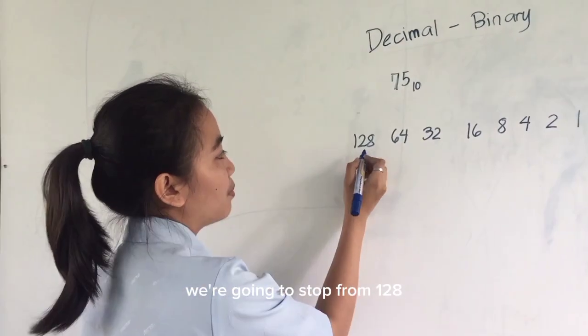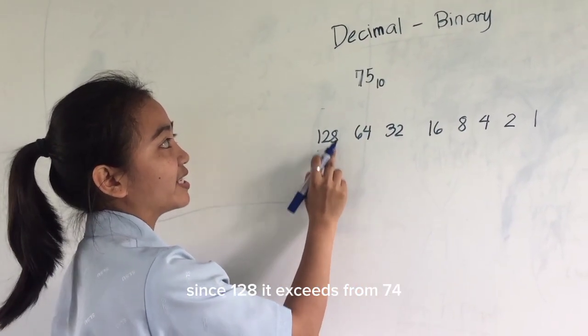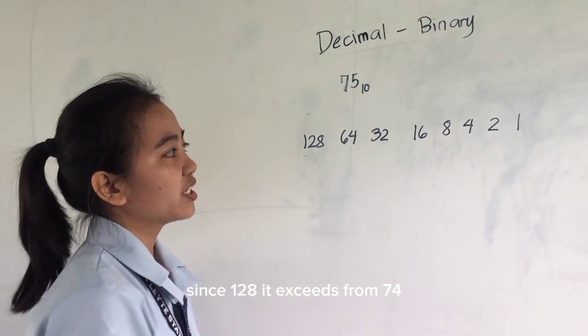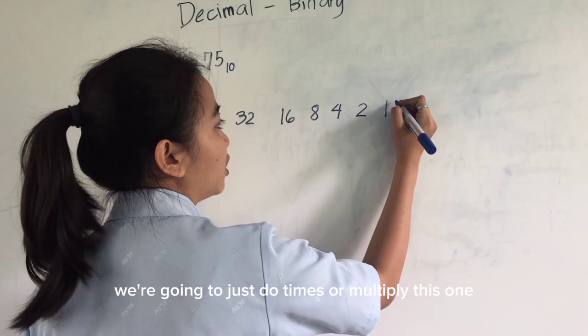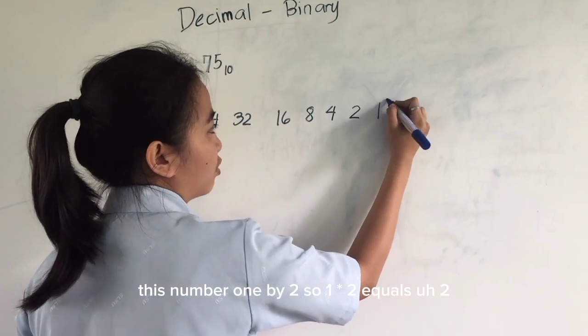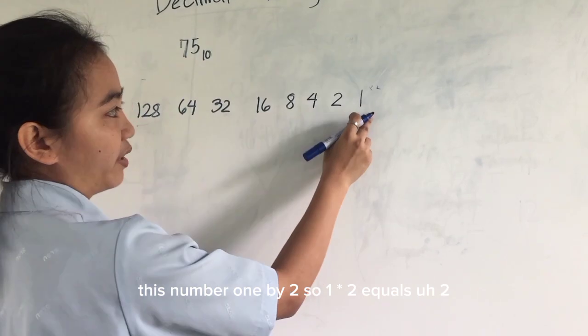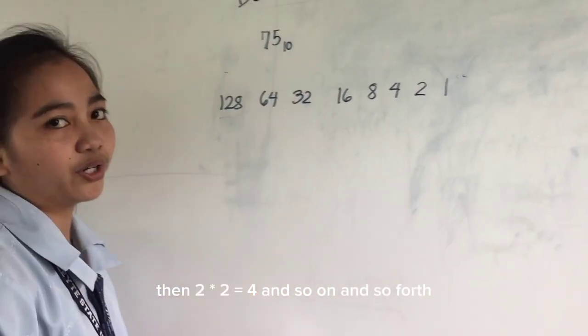We're going to stop at 128 since 128 exceeds 75. So this power of 2 is basically we're just going to multiply this number 1 by 2. So 1 times 2 equals 2, then 2 times 2 equals 4, and so on and so forth.